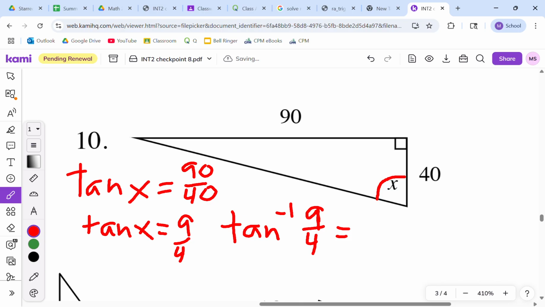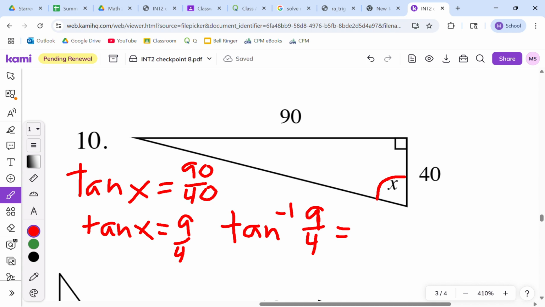And for that, I need my calculator. Inverse tangent of 9 over 4. 9 over 4 is also 2.25. Sometimes I like to do it in decimals. I just think it's easier.